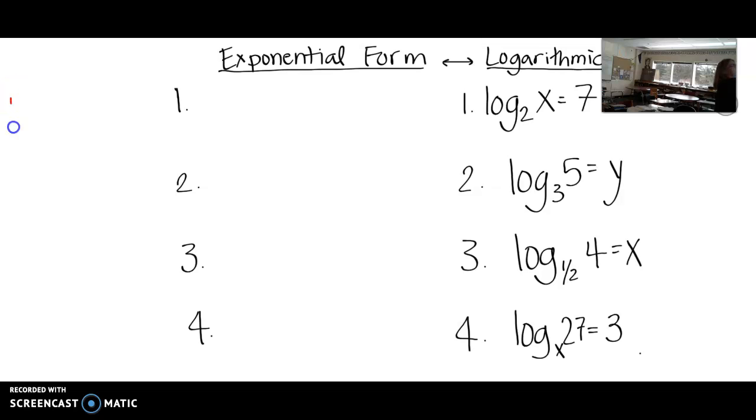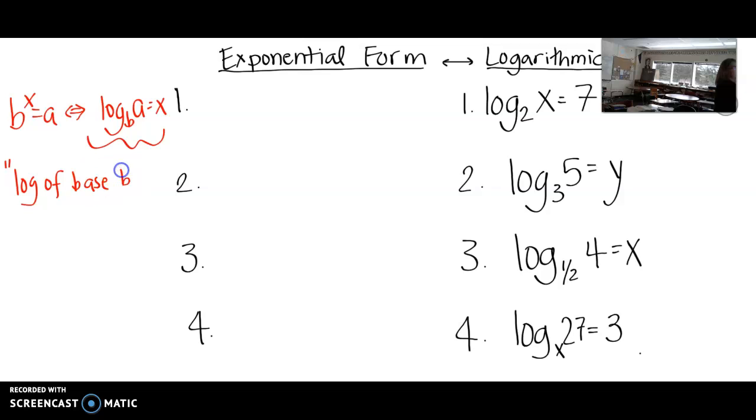Again, if we have b to the x is equal to a, then rewriting that in logarithmic form, it's log of base b of a is equal to x. If you didn't catch how to read that, you might want to write this down: we would say log of base b of a equals x.